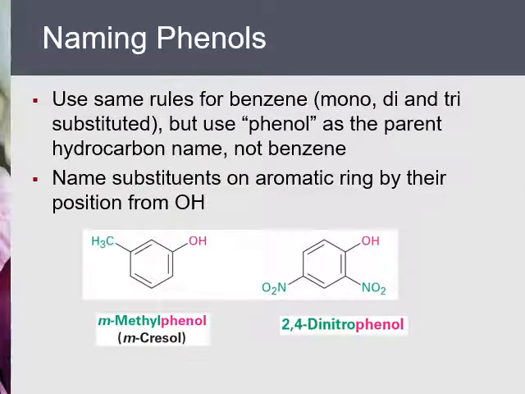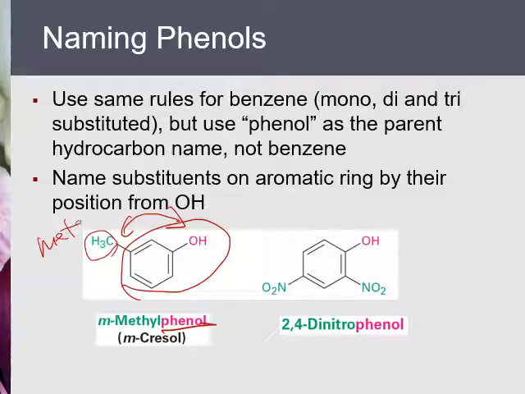When benzene has a hydroxy group, it's called a phenol. So the naming should use phenol instead of benzene. And because you have a methyl group at the meta position, you call it meta or m-methylphenol.